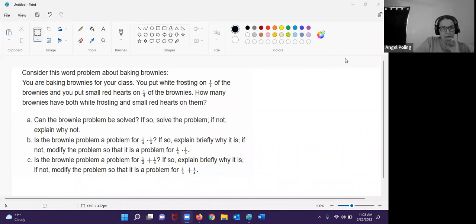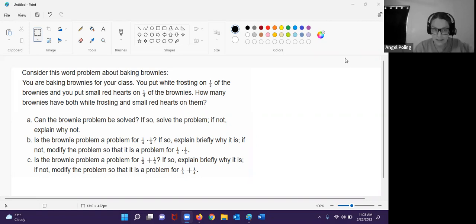Consider this word problem about baking brownies. You are baking brownies for your class. You put white frosting on 1/3 of the brownies, and you put small red hearts on 1/4 of the brownies.